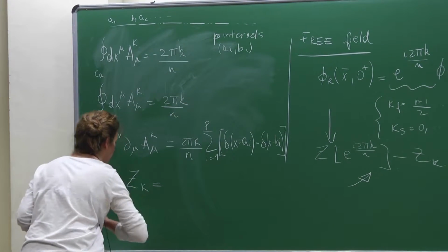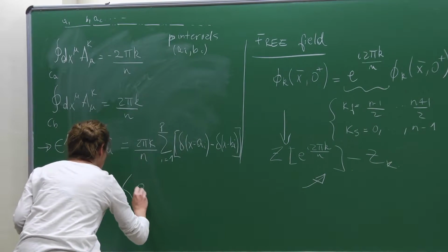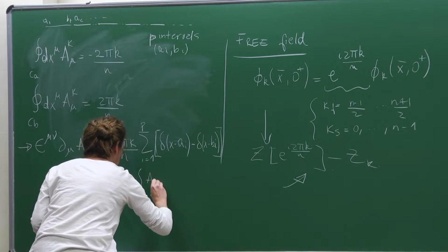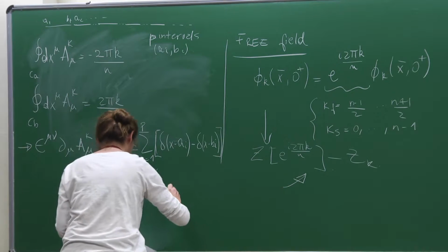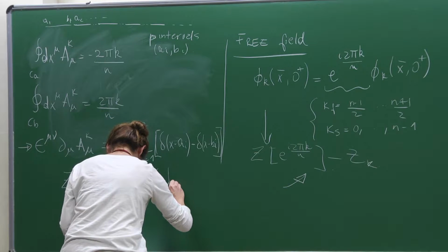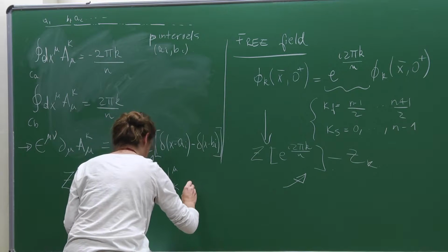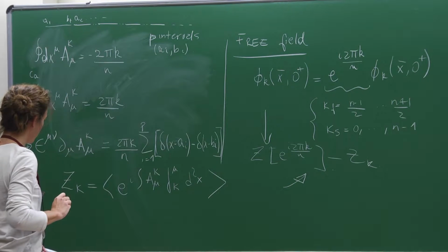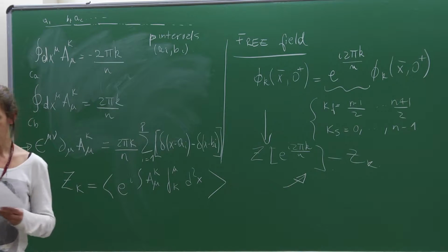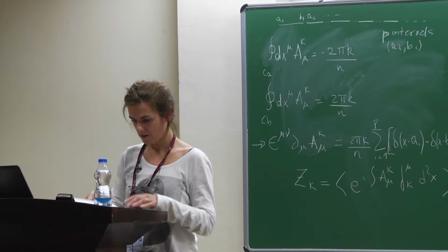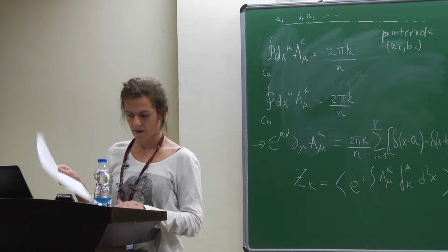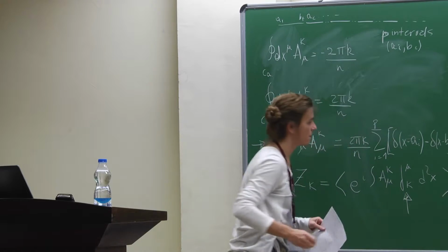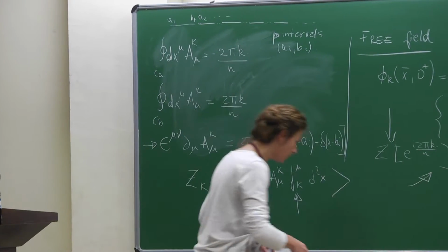So the partition function is just given by this A mu K coupled to the Dirac current. Let's write it like this, okay? So this is the main idea. Now you can write this in terms of a scalar field, a boson.